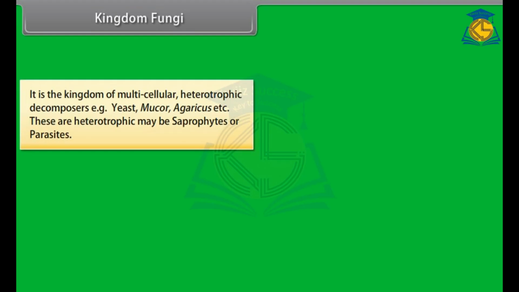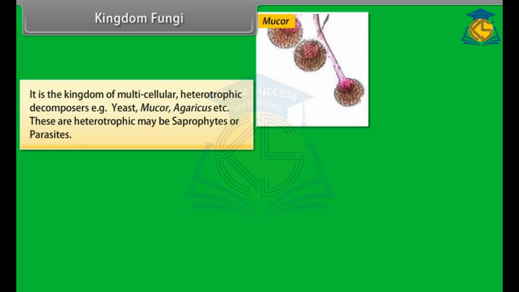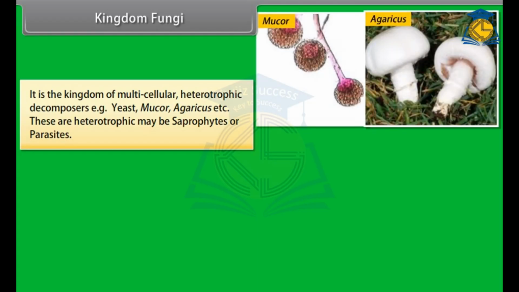Kingdom Fungi. It is the kingdom of multicellular heterotrophic decomposers. For example, yeast, Mucor, Agaricus, etc. These heterotrophs may be saprophytes or parasites.